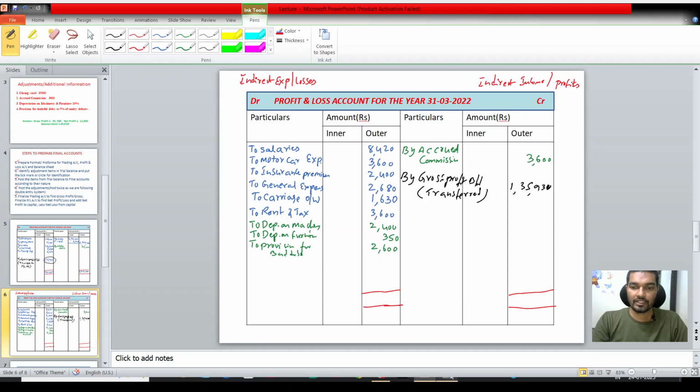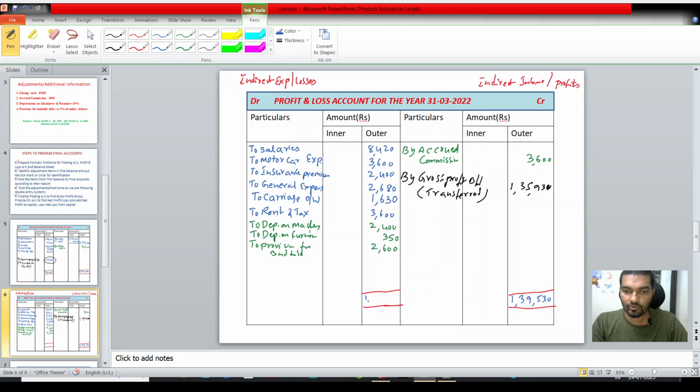Using the calculator again, 1,35,930 plus 3,600. By looking at this number we can understand that the credit side balance is more than the debit side balance. 1,39,530.